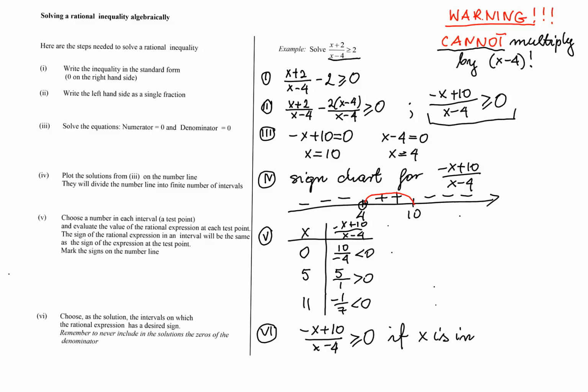So we can say that the expression is positive if x is in the interval from 4 to 10. 4 is not going to be included because it's excluded from the domain. 10, however, is going to be included because at x = 10, the whole fraction is 0, and we allow 0 in our inequality.